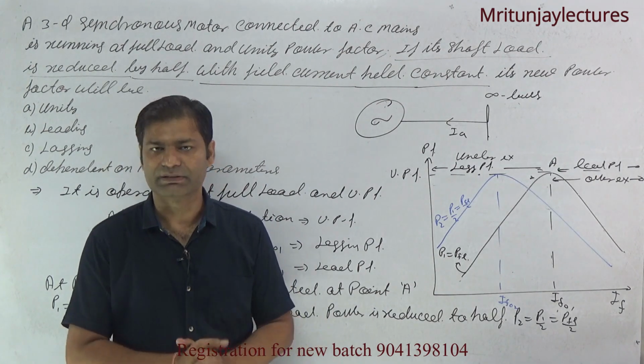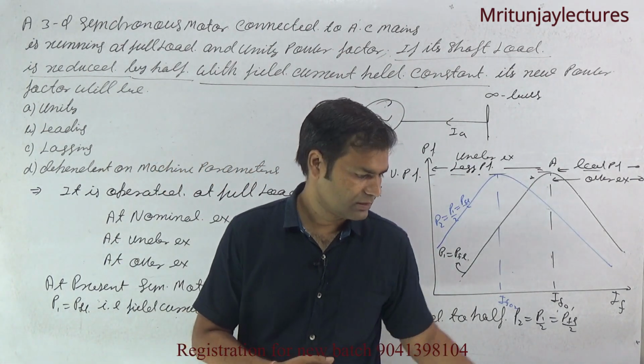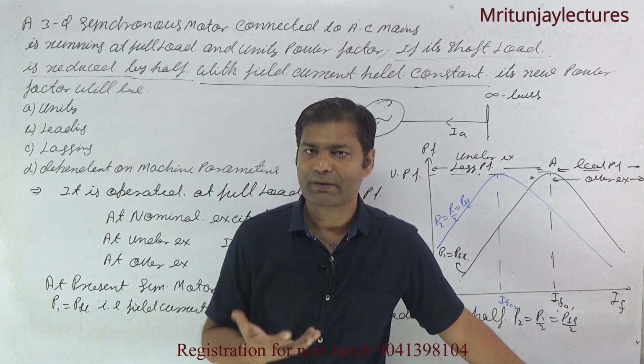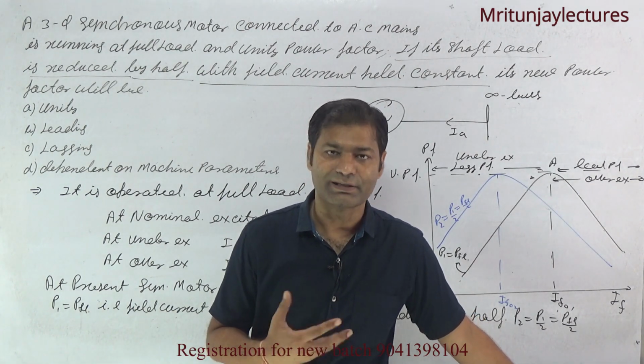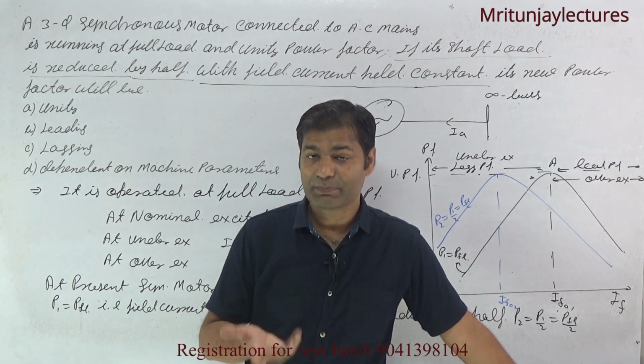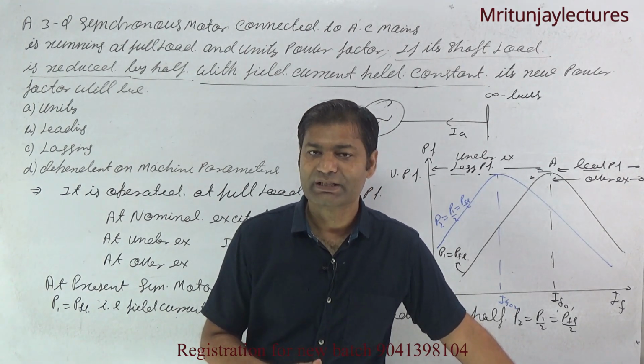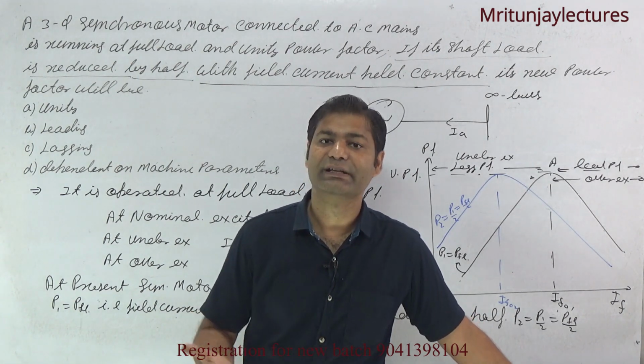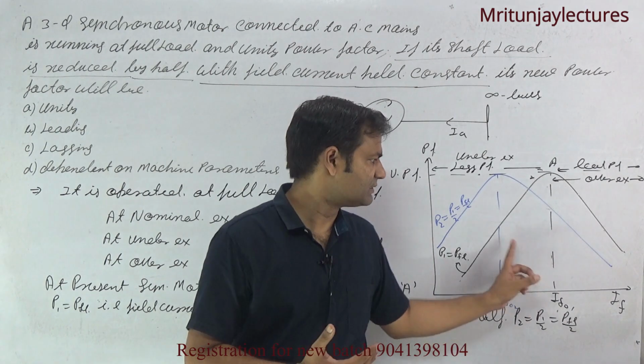I have already discussed. If power increases, then nominal armature current also increases. If load power decreases, then armature current also decreases, and then the corresponding excitation voltage also decreases.